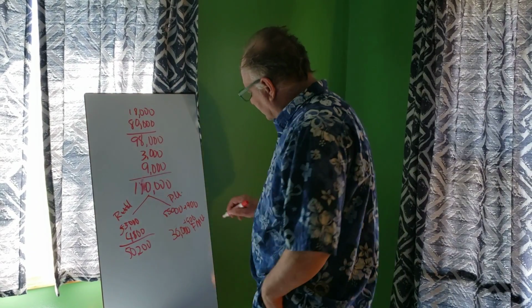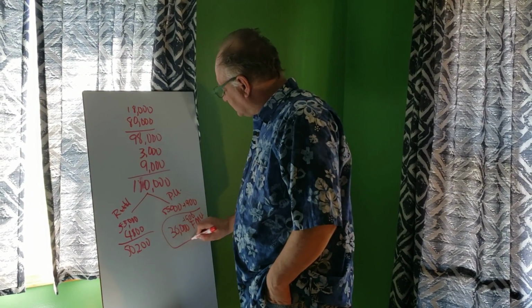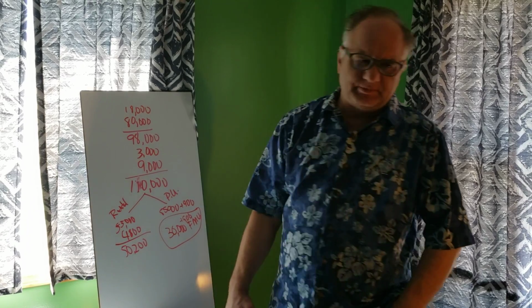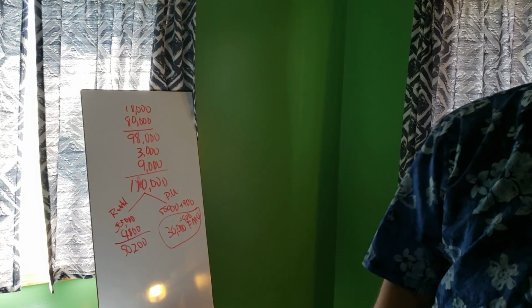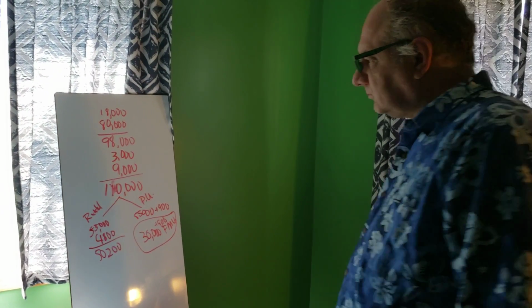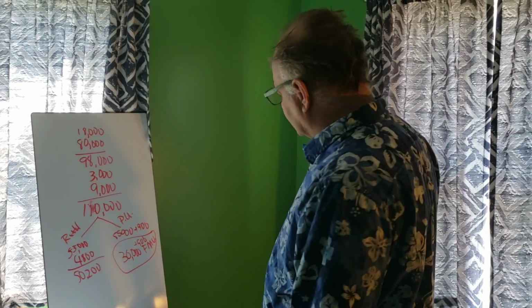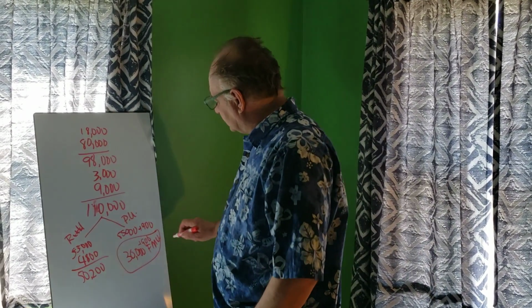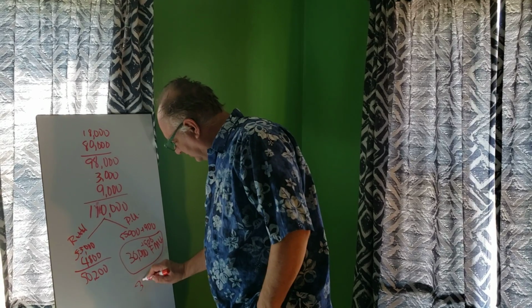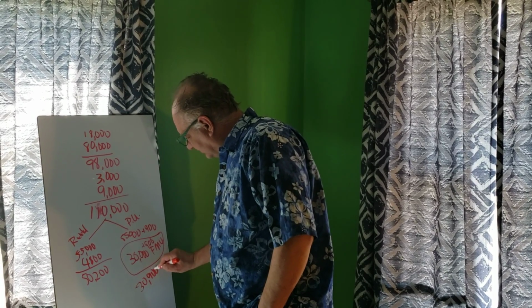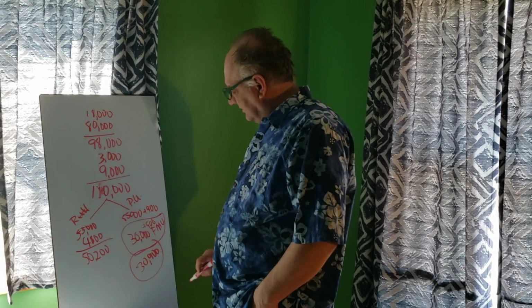So the basis for depreciation purposes is going to be my loss basis. Let me say this again. When we have a split basis rule, my basis for depreciation purposes is my loss basis. So she's going to depreciate $30,900 on this one.